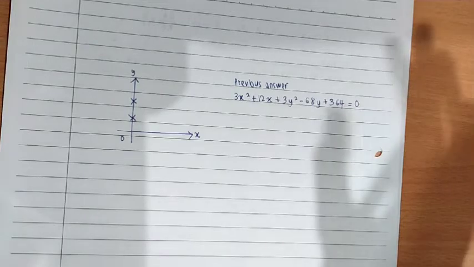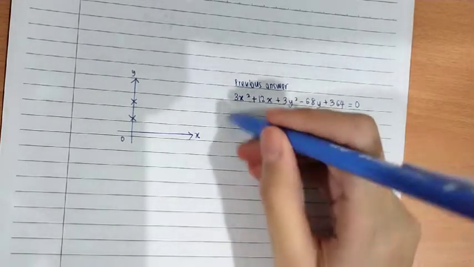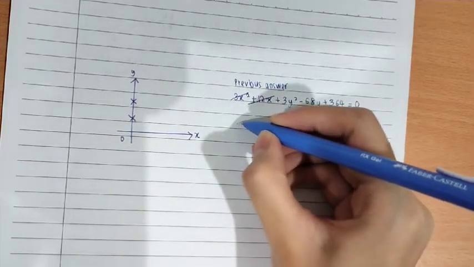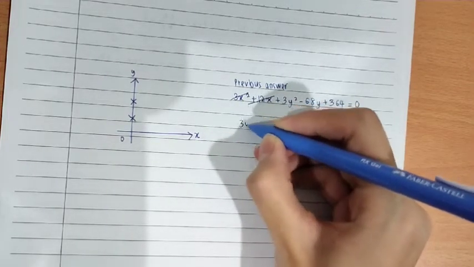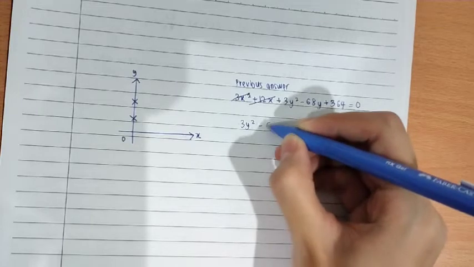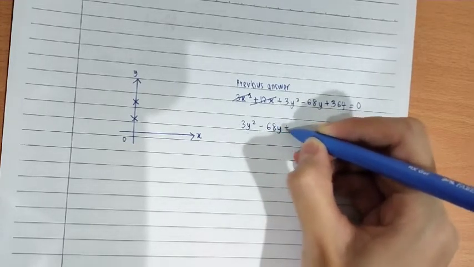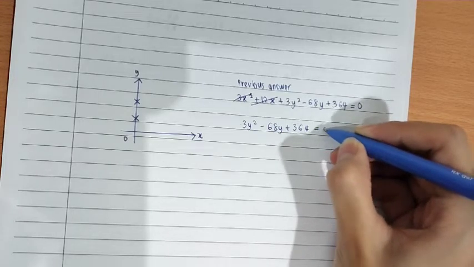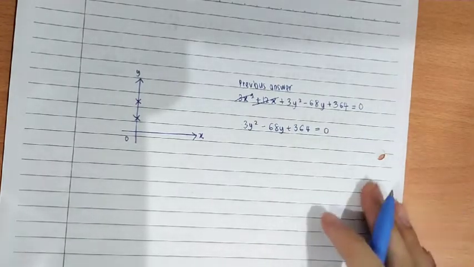So the value of x is 0, so we just cancel the x. The equation then would be 3y squared minus 68y plus 364 equal to 0. Okay, so we're going to use our calculator for this question.